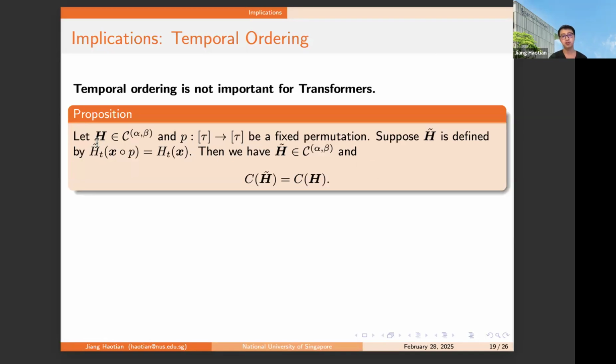Suppose we consider some target H from the target space, and let P be a fixed permutation. Suppose delta H is defined by this equation. This means that delta H has the same output as H, but the input is permuted.